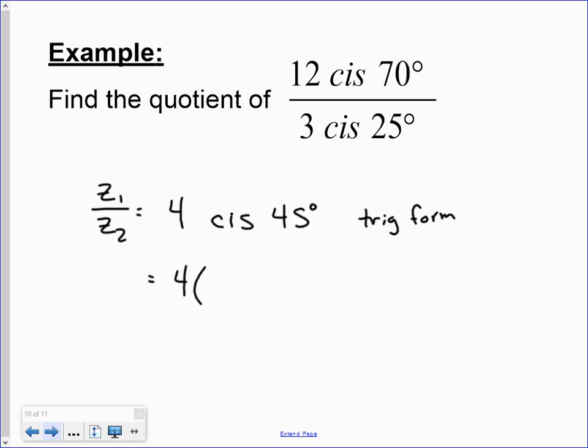It'll be 4 times the cosine of 45. What is the cosine of 45 degrees? Square root 2 over 2, plus 4i times the sine of 45, also square root 2 over 2. So there I'm not showing all my work, my expanding of cis. If you understand it, you might not have to write it all out.